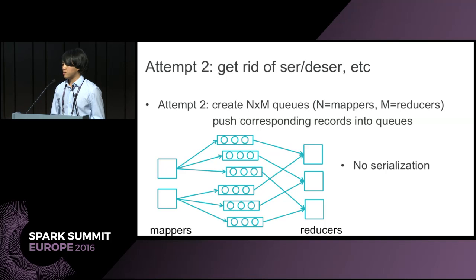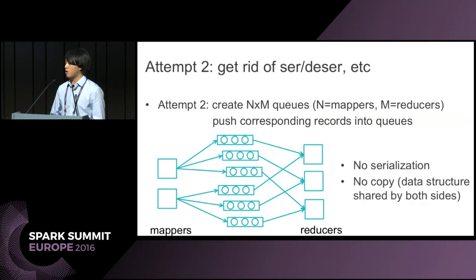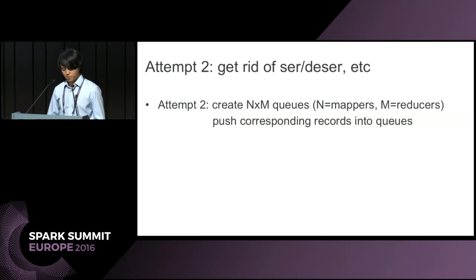The benefit of this is there's no serialization because they are still Java objects in memory, and also there's no copy between the mappers and the reducers, because now reducers and mappers are just sharing the same data structure.